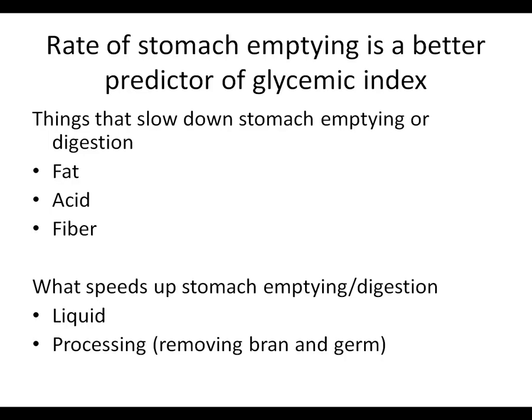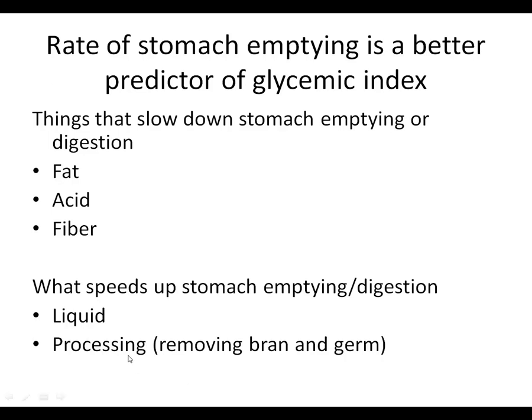That is why processed cereals have a higher glycemic index than cereals that are not processed, even when they are whole grain cereals. Think of instant oats, which have a higher glycemic index than rolled oats.